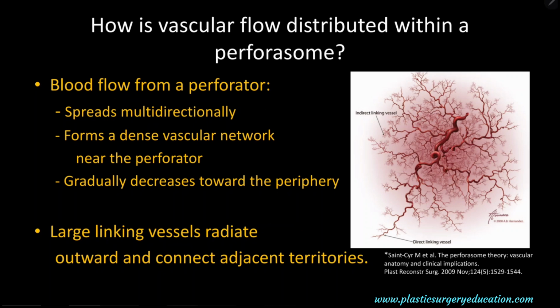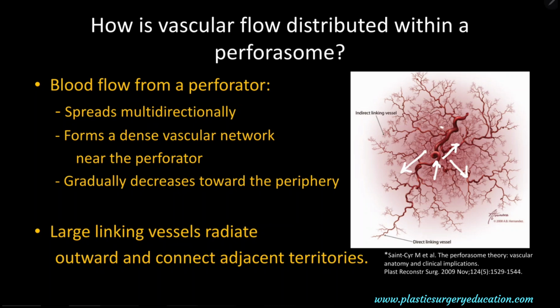Now let us see how vascular flow is distributed within a particular perforasome. Here we are seeing a perforator. The blood flow from the perforator is multidirectional; we can see it is going in all directions. It forms a dense network near the perforator.